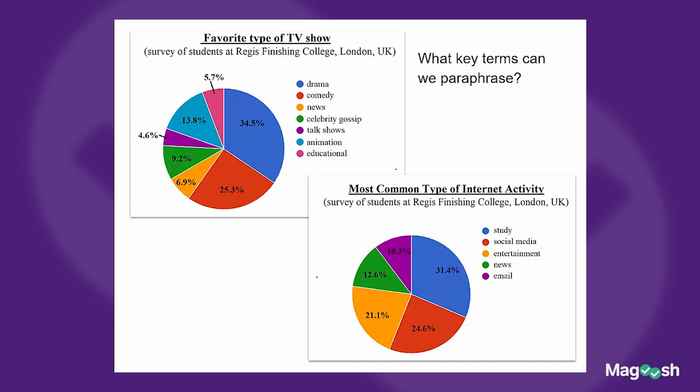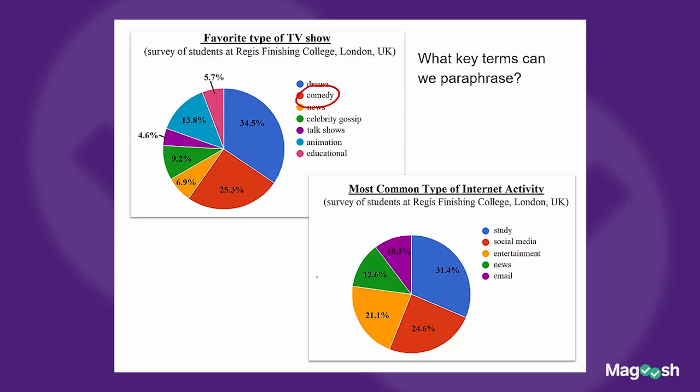Okay, a good strategy with these charts would be to use different forms of the words in the labels whenever possible. Okay, so comedies could be comedic performances or comedic programs. Animation could be animated shows, or another word for animation is cartoons. Okay, that could be another possible paraphrase for those words.